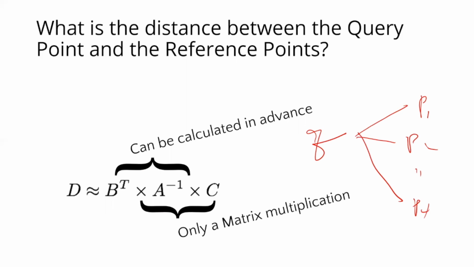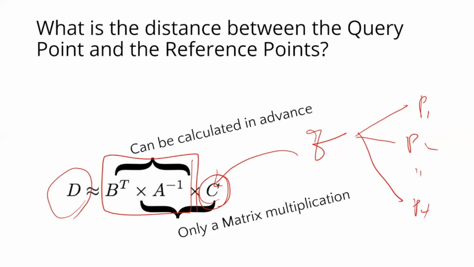Then construct the matrix C, and multiply it with the pre-computed B transpose times A inverse. With that, you can estimate in real time the distance matrix D.